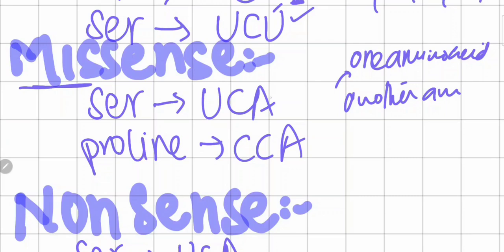So serine is coded by UCA and proline by CCA. If U is mutated right here for C, then this will code proline instead of serine. Now it's a problem. Now a proline is inside the polypeptide rather than a serine.